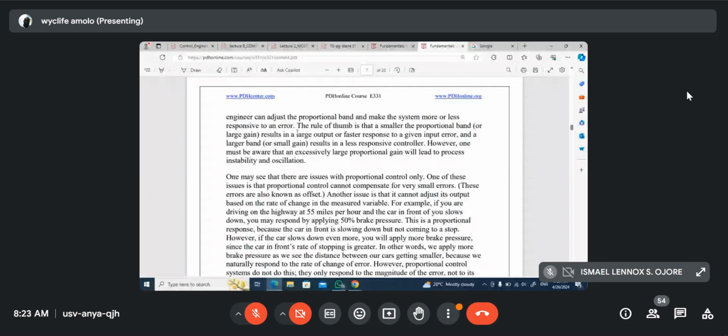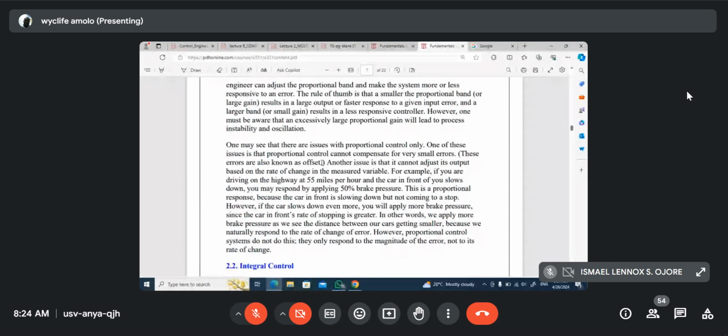The rule of thumb is that a smaller proportional band or large gain results in a larger output, or a faster response to a given input error, and a larger band or a small gain results in a less responsive controller. However, one must be aware that an exclusively large proportional gain will lead to process instability and oscillation.